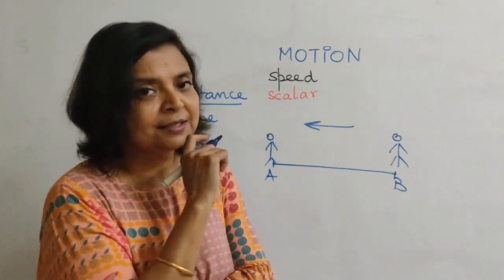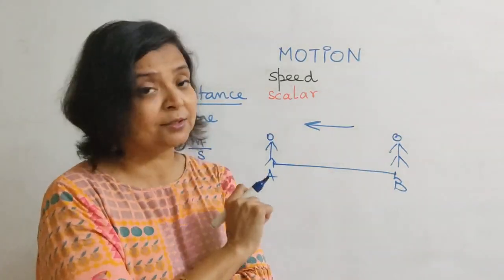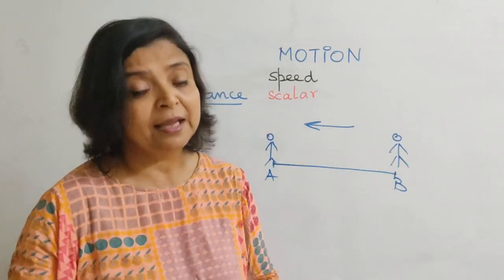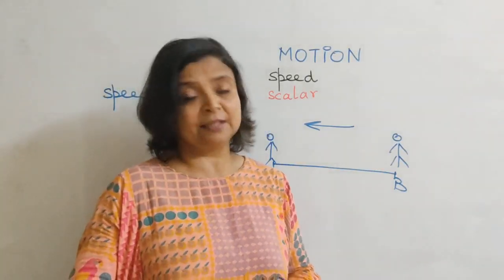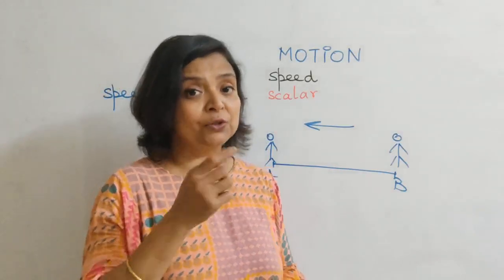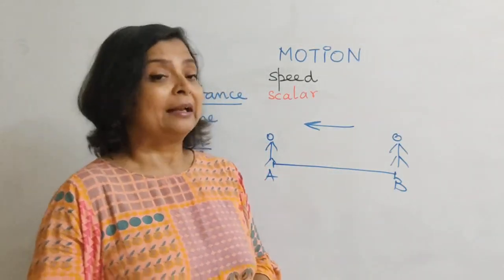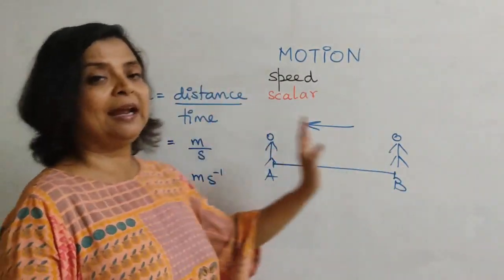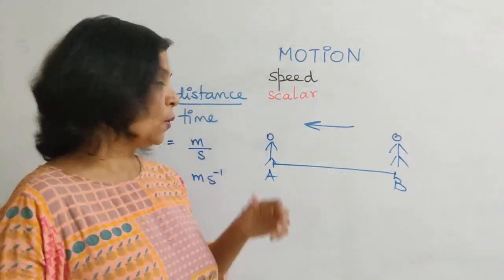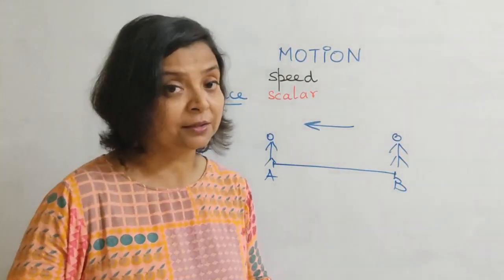Did you realize just knowing the speed is not enough? Just knowing that the speed of the wind is 3 meters per second is not enough. I need to know the direction of the wind, whether it is blowing from B to A or A to B, in order to realize whether it will be helpful to me or not.